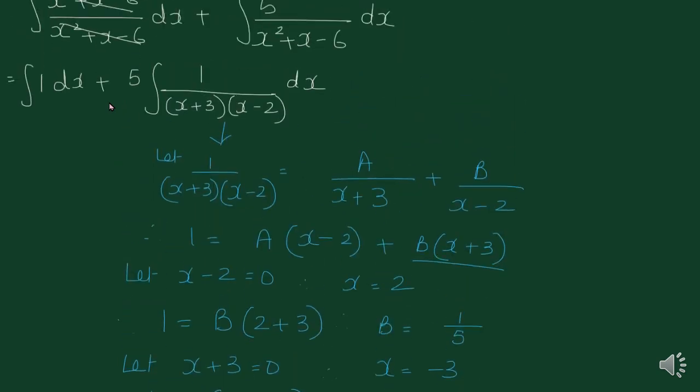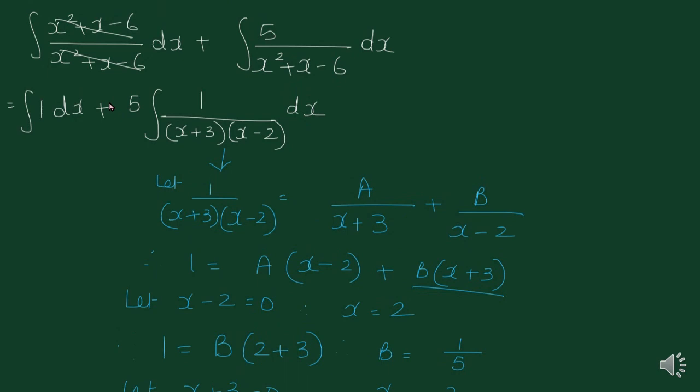So coming back to our question, that is 1 dx plus 5 into 1/((x + 3)(x − 2)) dx.